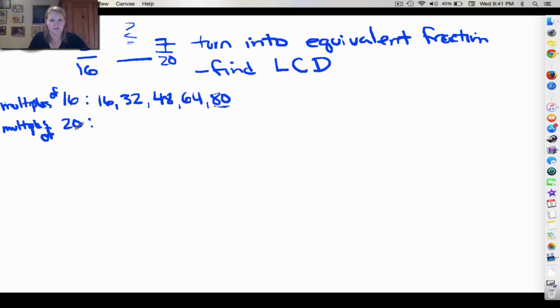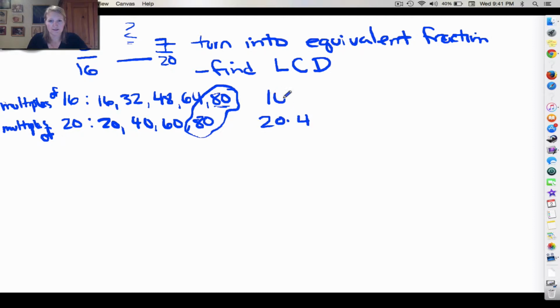Oh, 80 looks pretty good as far as 20 goes. So 20, 40, 60, and as you know, 80. So this is your lowest common denominator right there, your least common denominator. So what did we do? We multiplied 20 times 4, and we multiplied 16 times 1, 2, 3, 4, 5.